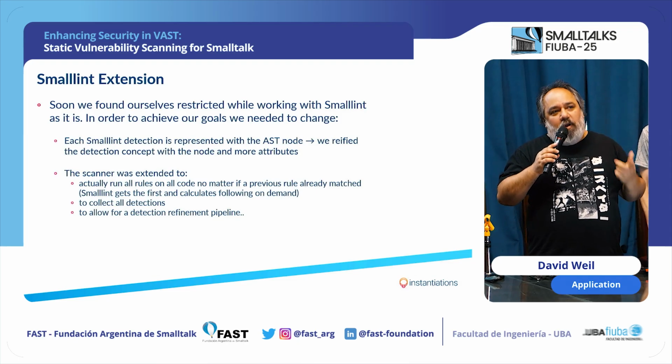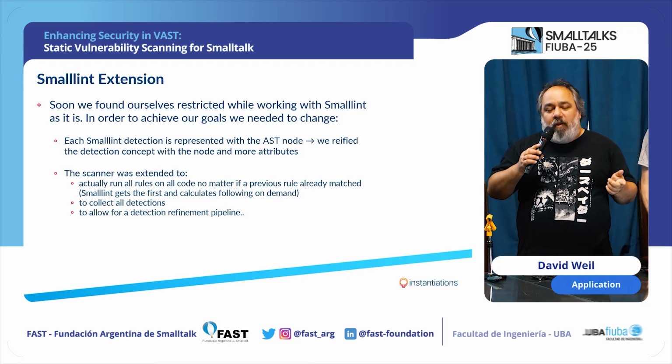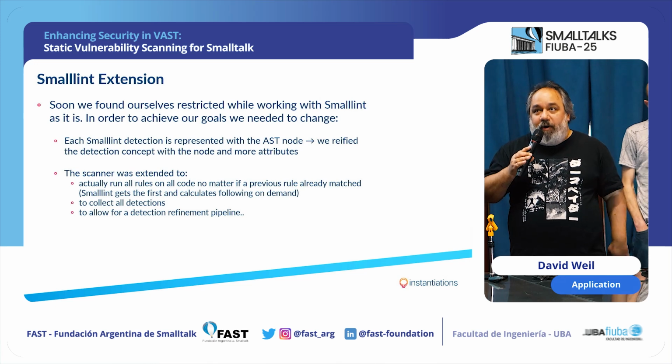It looks up the first one and then the next one, and so on. But we wanted to collect them all to be able to present a report or whatever.